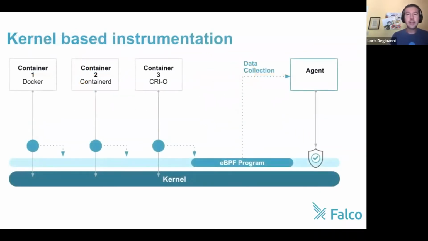Let's look at another possible way to do this, which is kernel-based instrumentation. So what we do here is slightly different. Here we have still a diagram of the machine, and we see 3 containers on this machine based on 3 different essentially container runtimes.